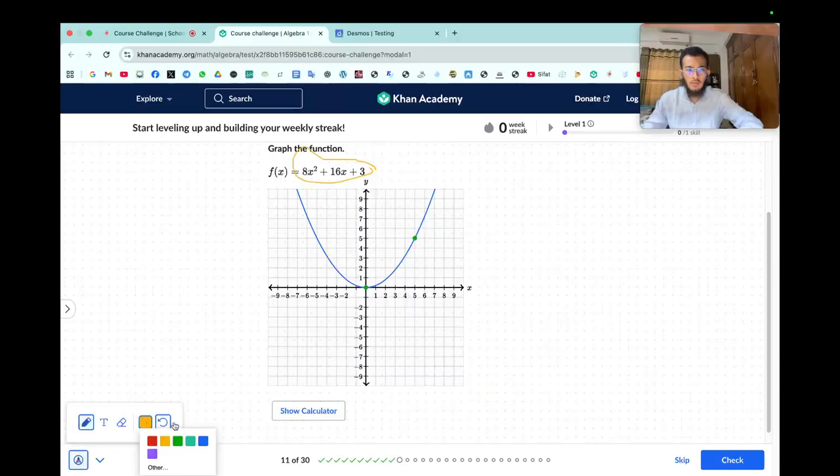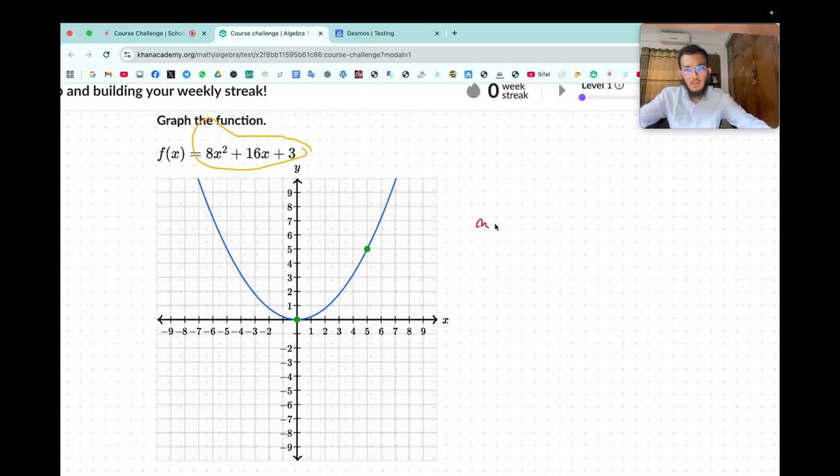In order to do so, we know the quadratic formula for finding the roots, which is x equals negative b plus minus root over b square minus 4ac, divided by 2a.